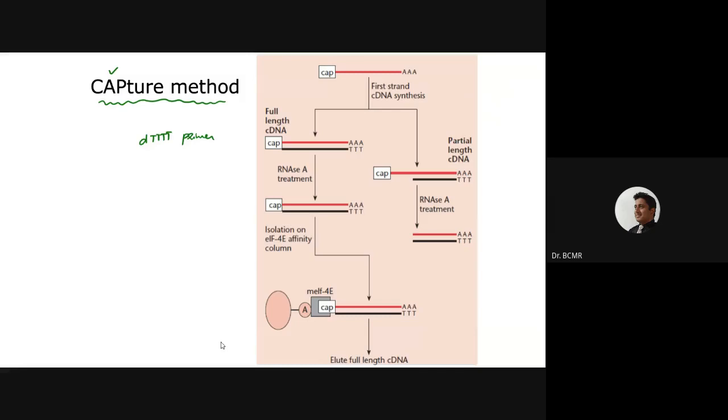That means we are targeting the 3' end. What we are unsure of is the 5' end. What does the mRNA have? On the 3' end, it has a poly A tail, and that's why we are using the oligo dT primer. And on the 5' end, it has a G cap.